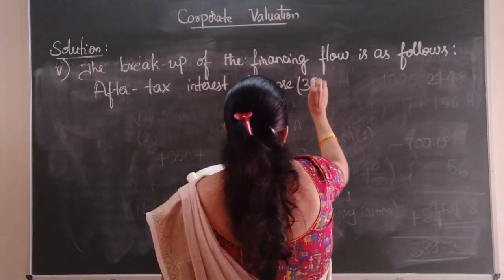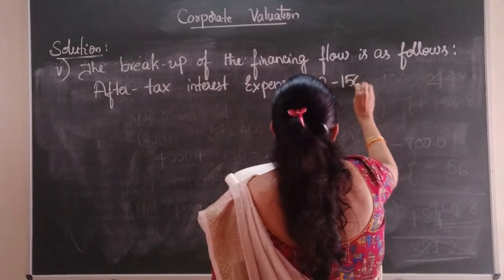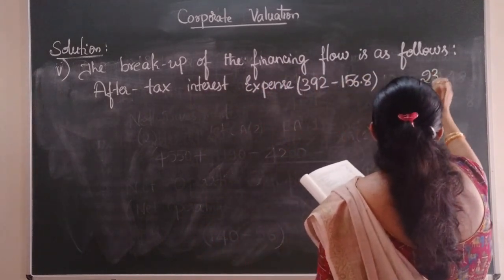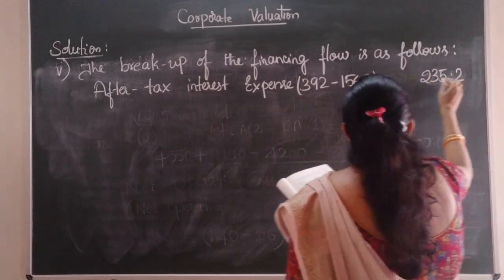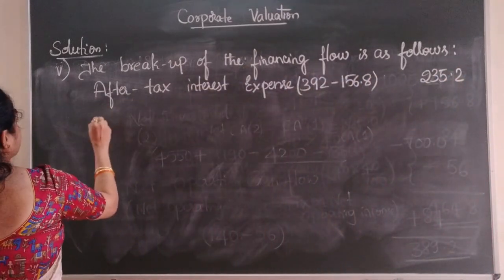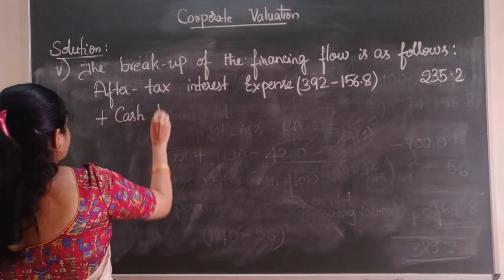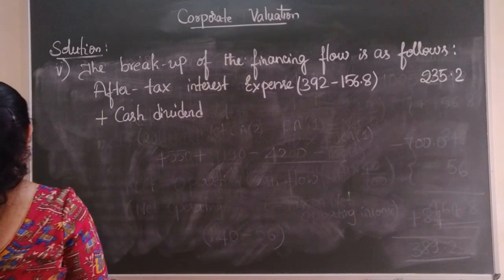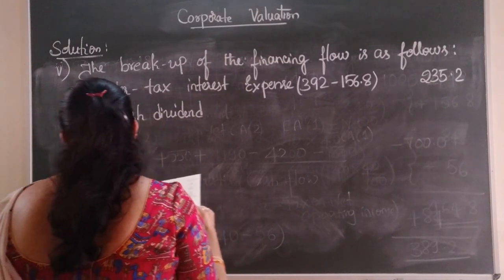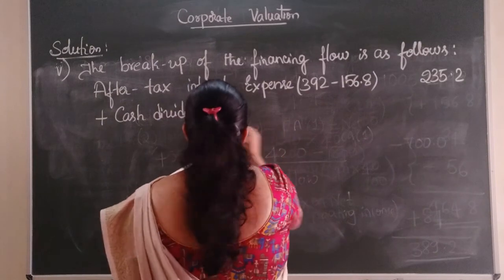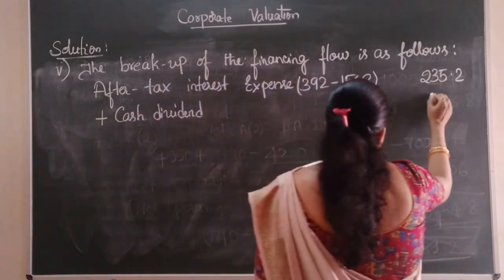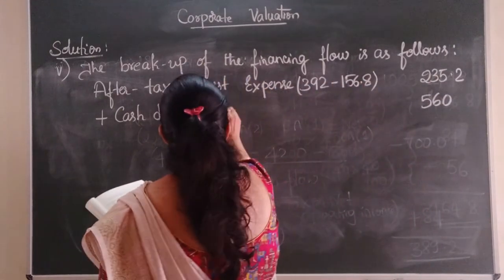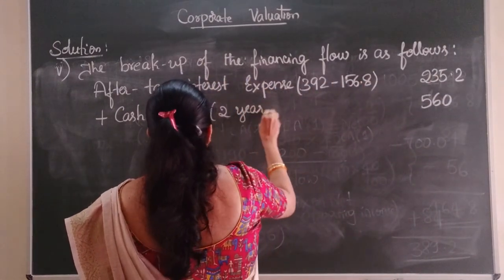So, 392 minus 156.8 becomes 235.2. Next, plus cash dividend. The cash dividend of the second year is 560. We are finding the second year dividend.